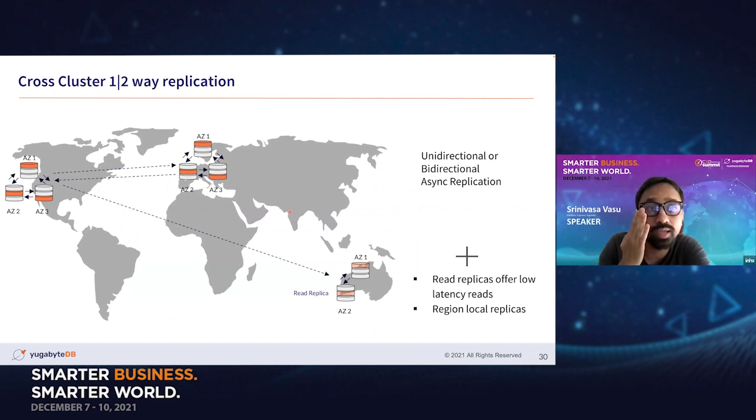If 70% or 80% of the user base is based out of the Americas and Europe, then you can have your primary clusters deployed there. And to serve the remaining user base spread across the rest of the world, you can extend your primary clusters with read replicas deployed in other regions across the globe as well.